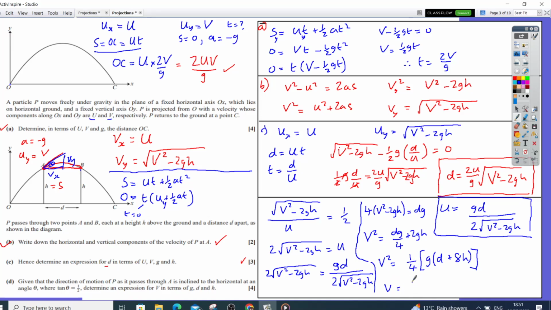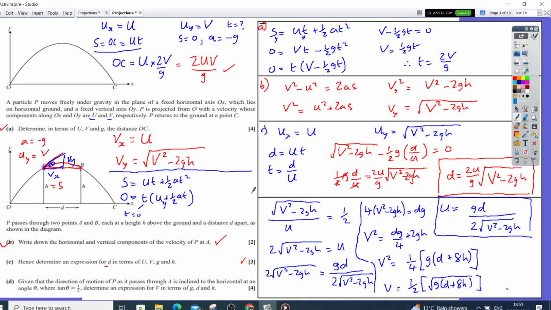Square root of a quarter is a half, and we square root all that. So we've got v equals a half times the square root of g brackets d plus 8h, and that's it. Okay, so yeah, it's a bit tricky.